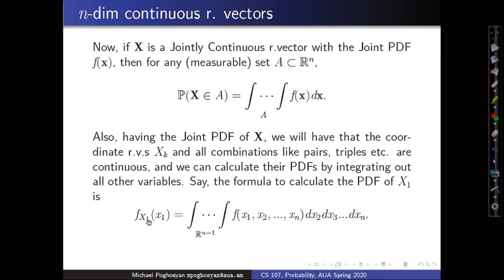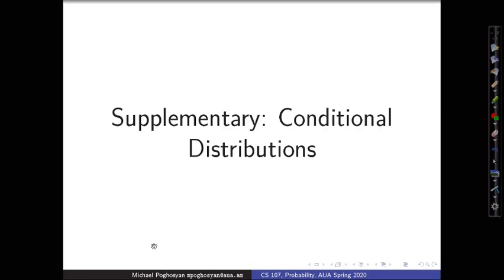If I want to calculate the marginal PDF of x1 at the point x1, I take the joint PDF f of x1, x2, xn, and integrate over all other variables x2, x3, xn, from minus infinity to plus infinity, so over an n minus one dimensional space. Okay, this much for the main part.